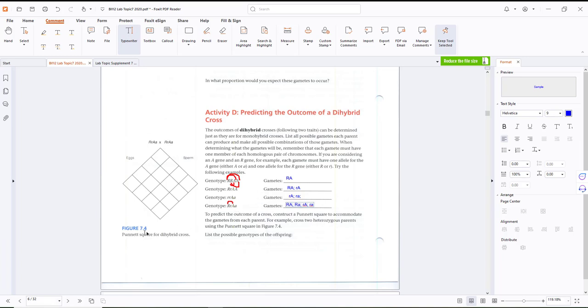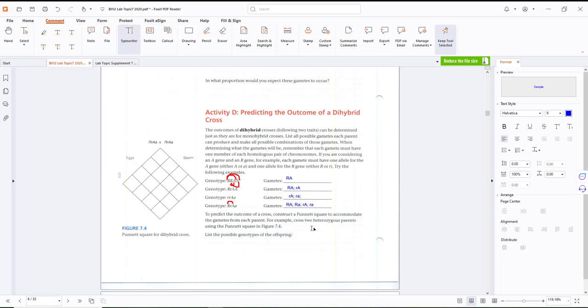So here, let's see. We listed all the possible outcomes here. To predict the outcome of a cross, construct a Punnett square to accommodate the gametes from each parent. For example, cross 2 heterozygous parents using the Punnett square. So basically, here's our Punnett square. We're using these gametes because these are the parents. I need to move these gametes over here for the eggs and for the sperm. Okay, so here's my gametes.